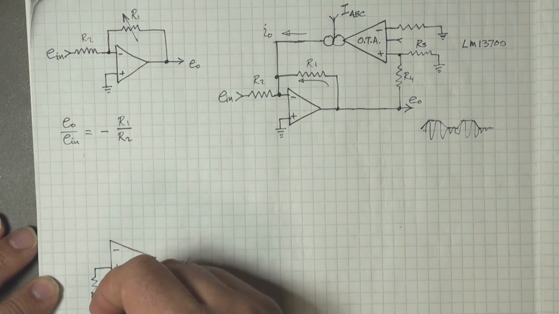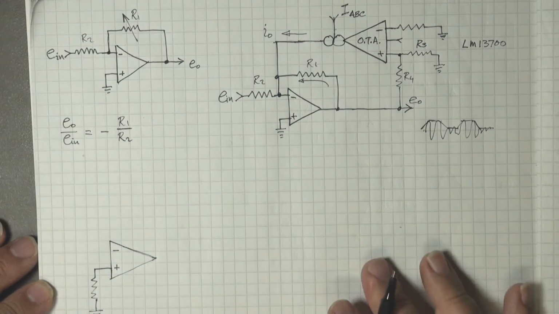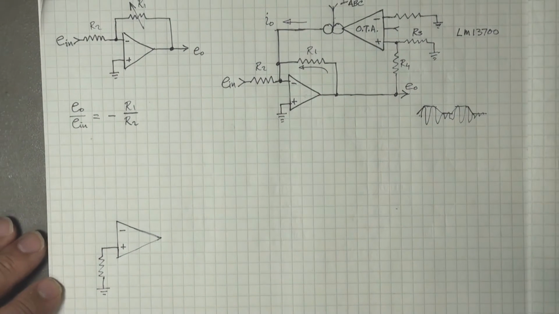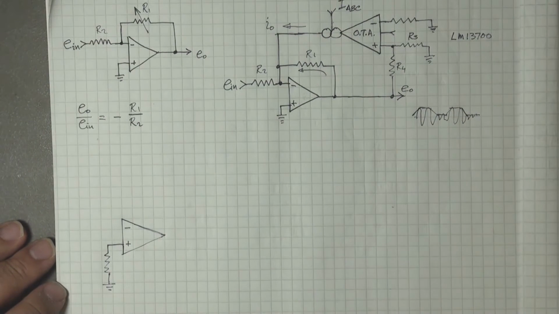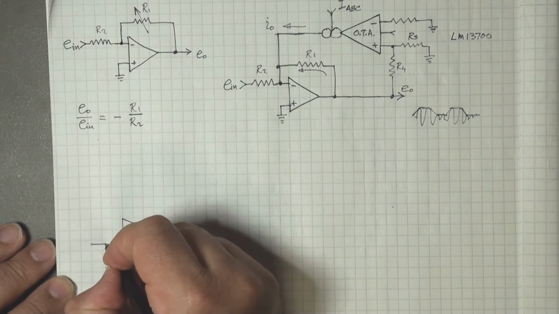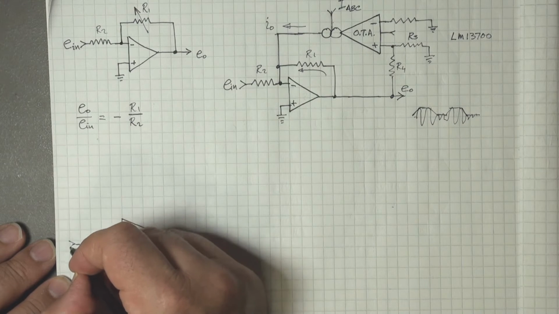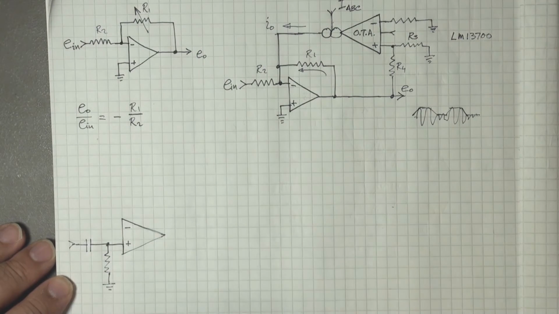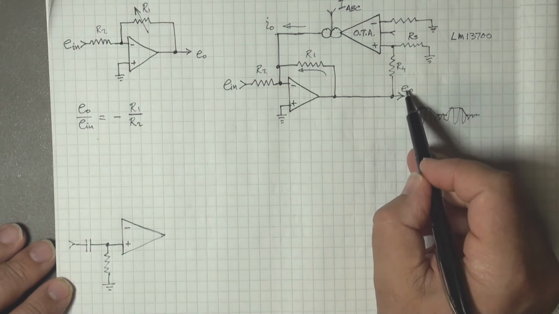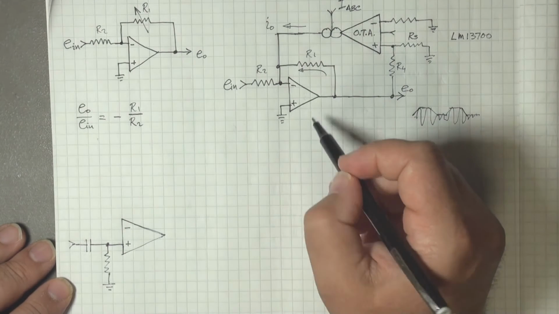So first of all, at the input to this op-amp, bring this up a bit, I think it's getting out of view. We'll present a low-pass filter, a capacitor and resistor, to filter out any floating DC that might be present on the output of this op-amp here.